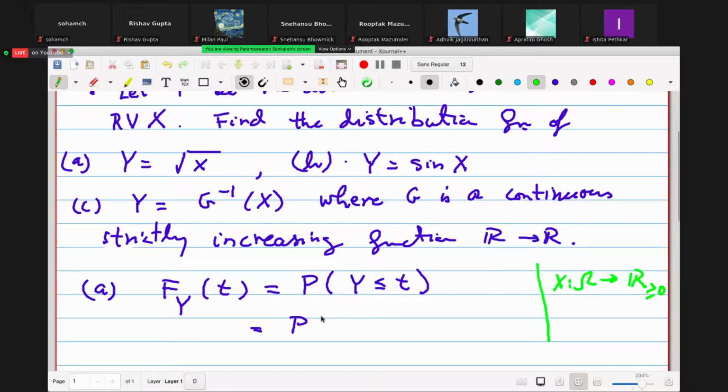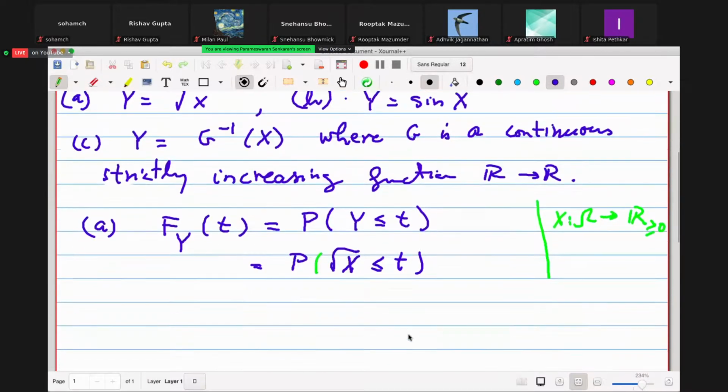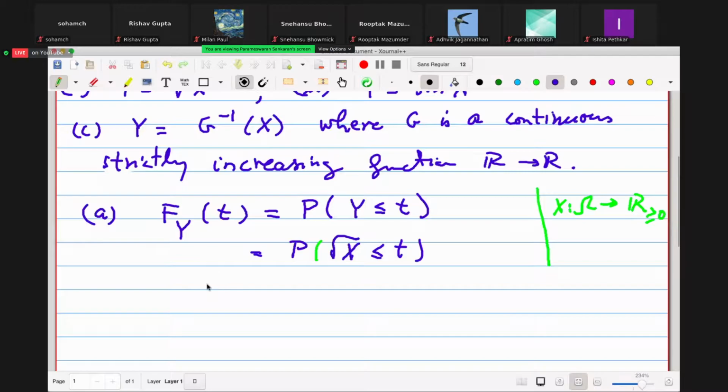This means the probability that square root of X is less than or equal to t. And of course, this is 0 if t is less than or equal to 0. Otherwise, this is saying the same thing as X is less than or equal to t square.